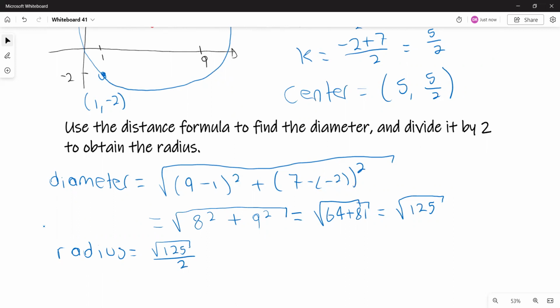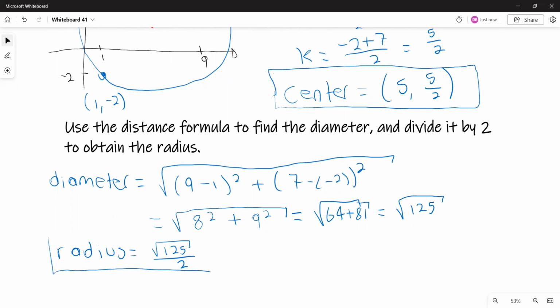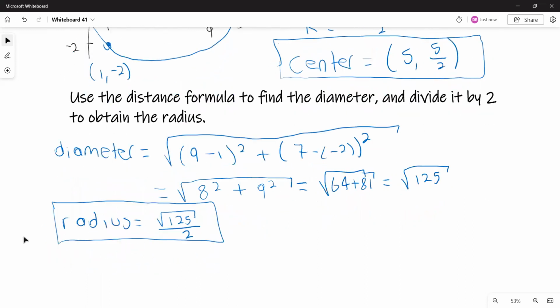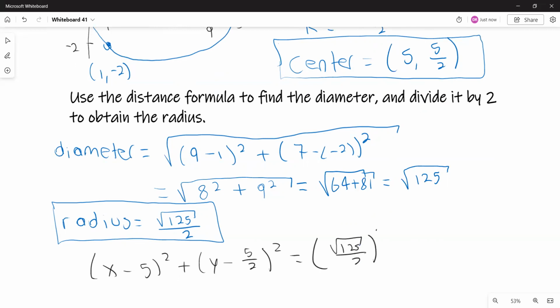Okay, so the final answer, we found the center and we found the radius. And the equation of the circle is going to be x minus 5 squared plus y minus 5 halves squared equals square root of 125 over 2 squared.